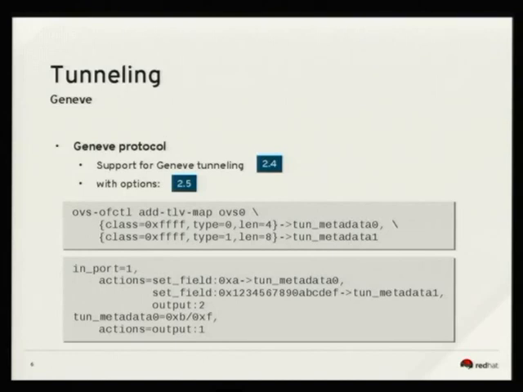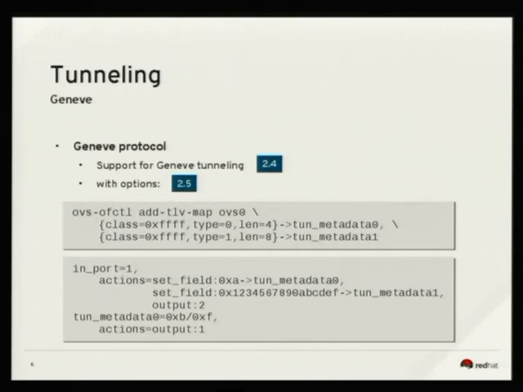It's not much used outside of OVS. It's actually designed by the OVS authors. And it's really similar to VXLAN, but it can carry metadata. So you can add quite a lot of metadata to headers, which is really useful for some use cases, and we'll get to that later.